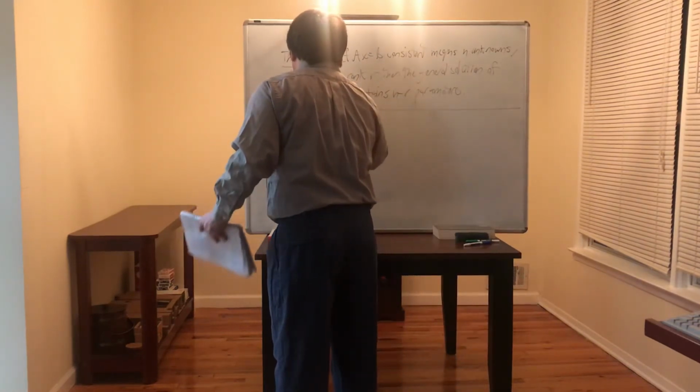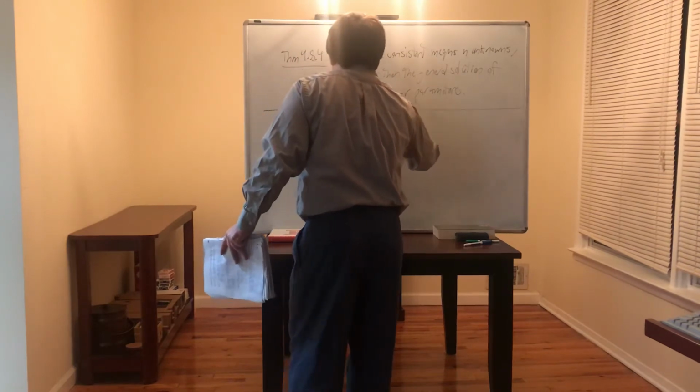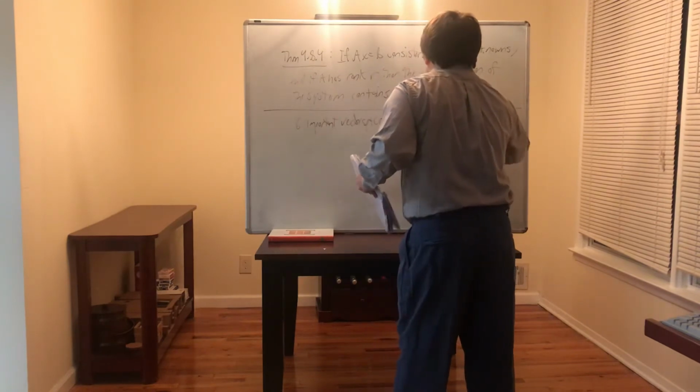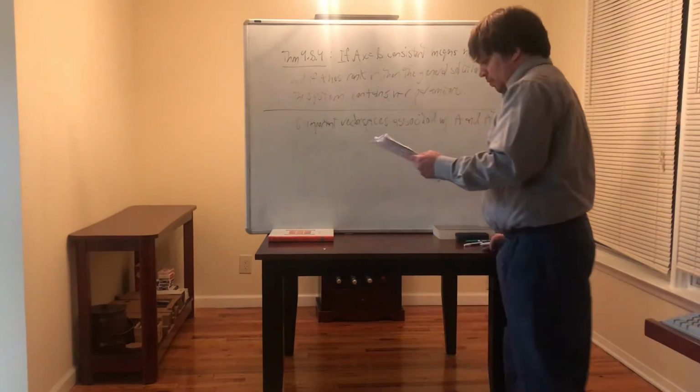Okay, so there are 6 important vector spaces associated with A and A transpose.